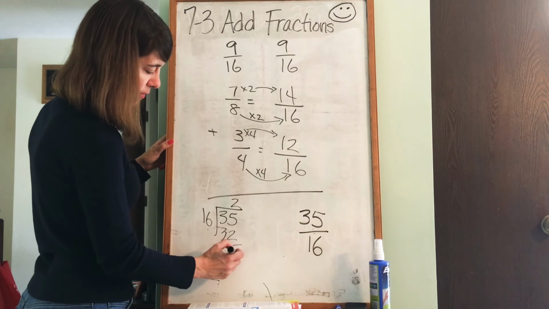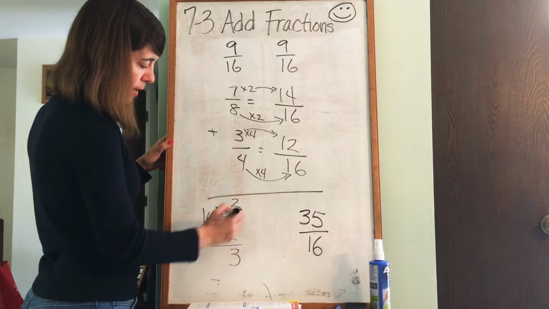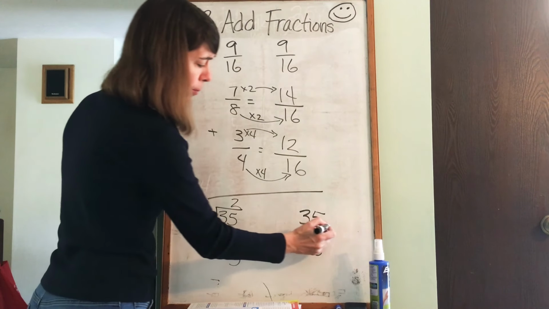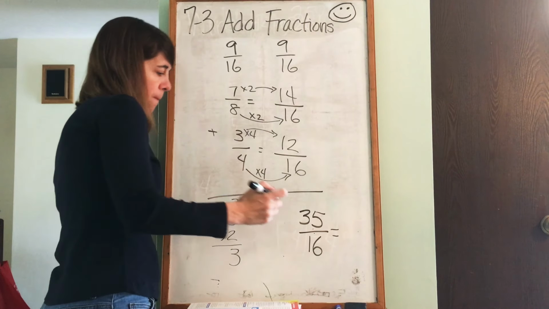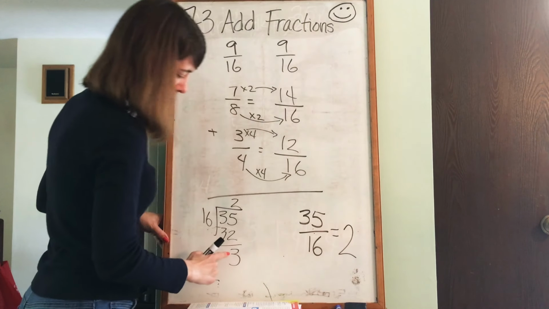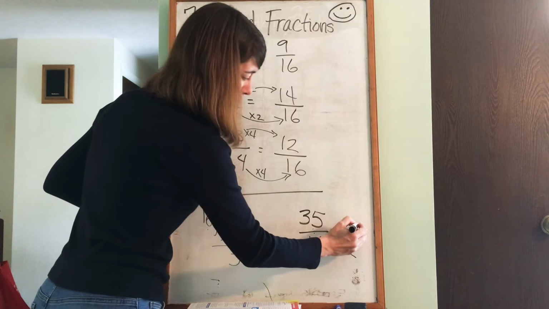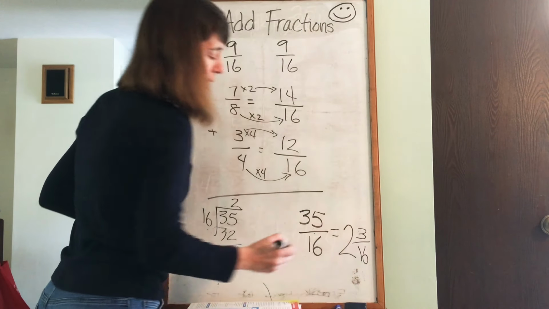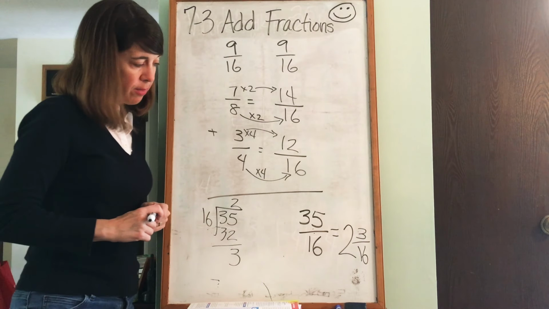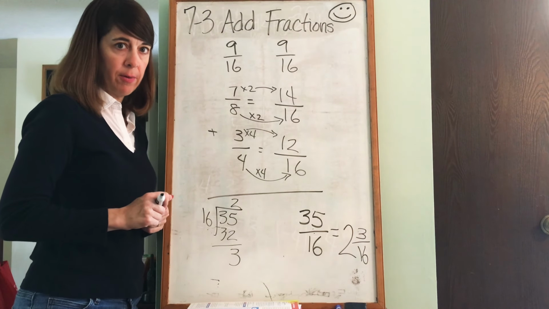Almost second guessing myself there, with a remainder of 3. So the whole number for our mixed number is 2. The remainder of 3 becomes our numerator, and we keep 16ths as our denominator. So 2 and 3/16 is our answer.